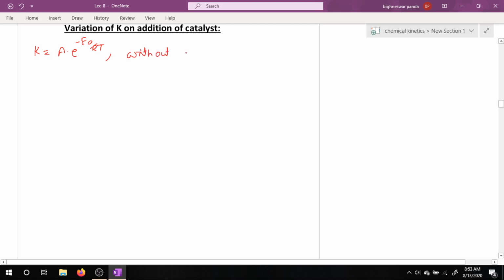Without catalyst, I have activation energy Ea and rate constant K, so K is equal to A into e to the power minus Ea by RT. Consider this as 1.